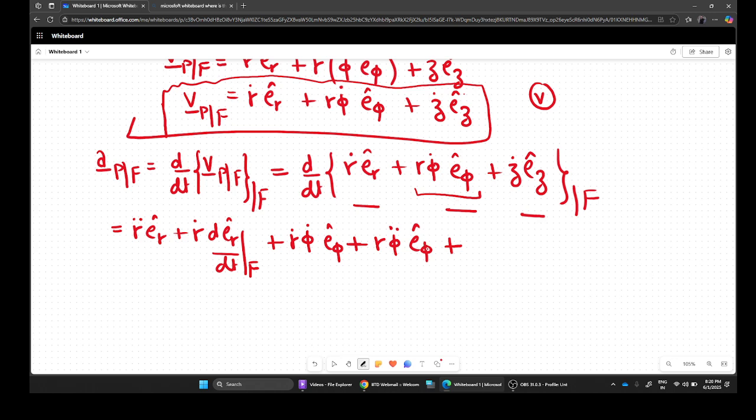So the product rule of differentiation will give us three terms here. So this is the first term, this is the second term, and then I have the third term coming out of it.